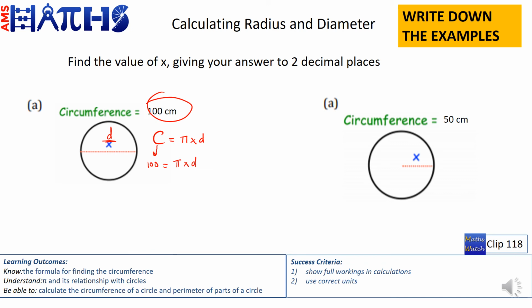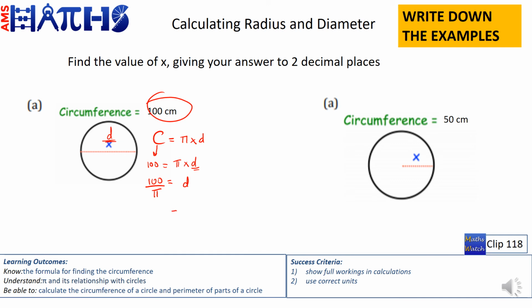Then all we need to do is find out what d would be if when multiplied by pi gives 100. So what we'll do then is d and then divide 100 by pi. Okay, because pi times d is 100, so if we divide 100 by pi, it should give us d.